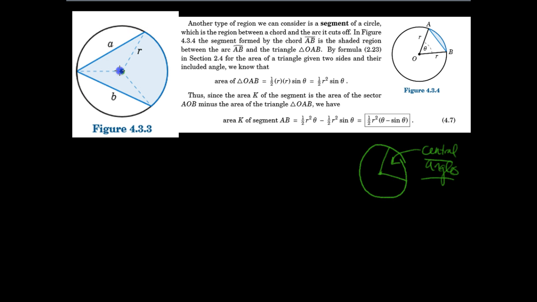What you can do, though, which is pretty neat, is you can always, whatever this length is, A, and whatever B is, from these 2 points construct the radius here and the radius here.